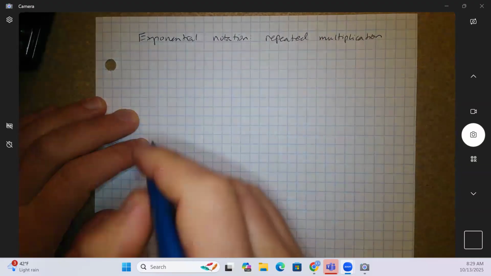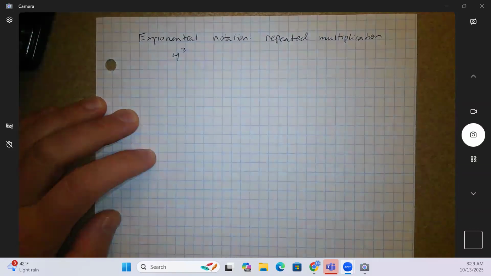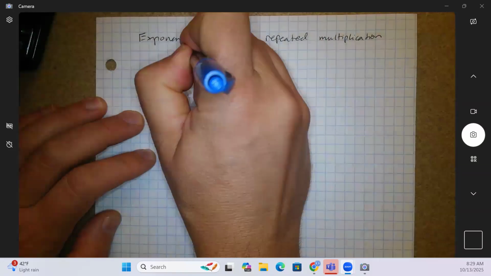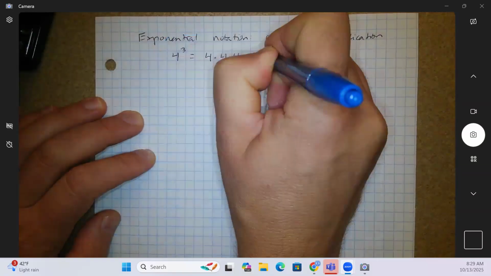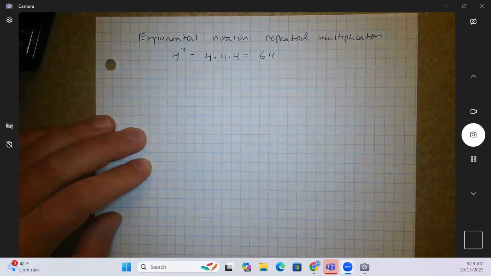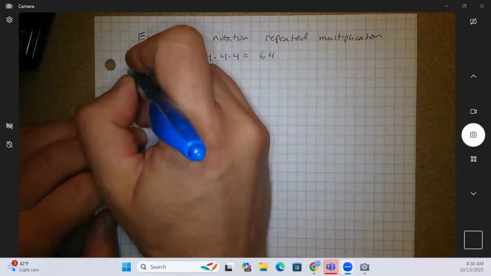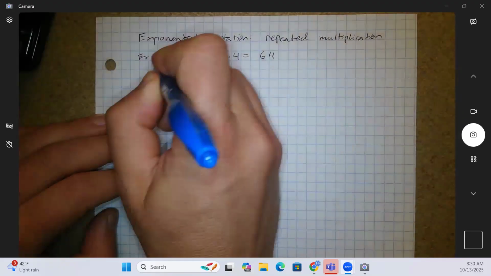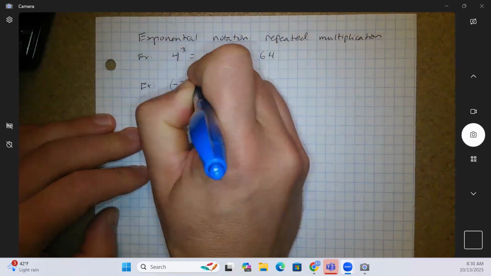So something like 4 to the third power or 4 to the 3 is just a compact way of writing 4 times 4 times 4, which is 64. And this works on negative numbers as well. So let's look at -3 raised to the 5th power.